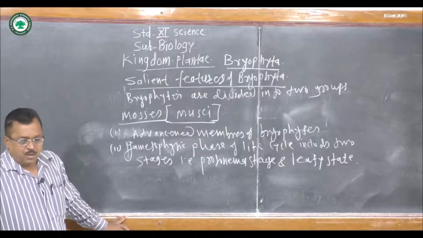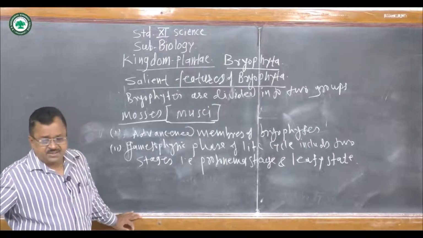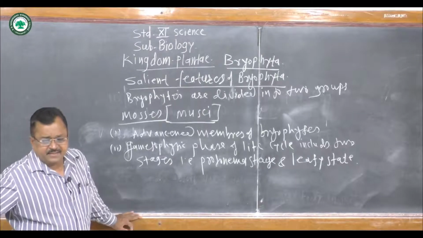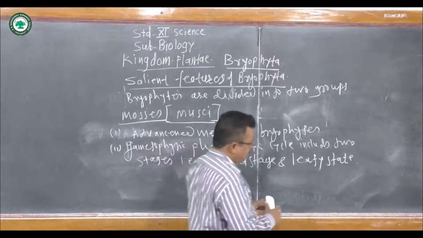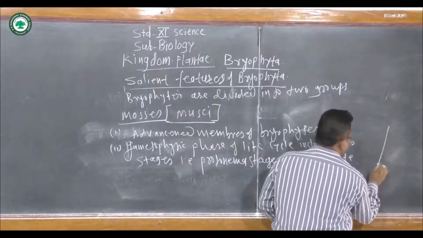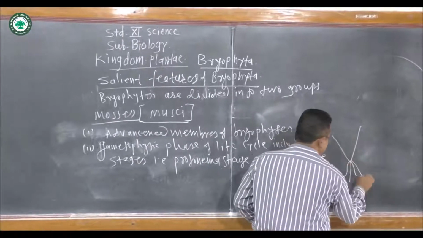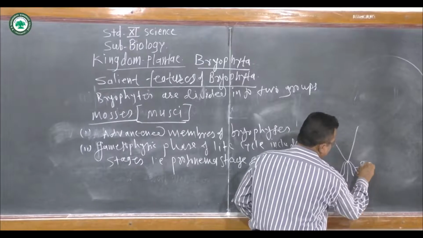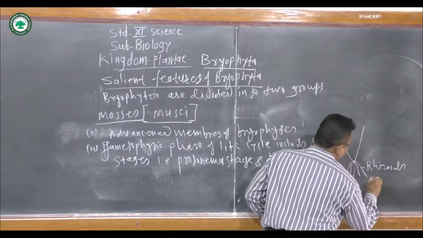The leafy stage is erect and cylindrical in mosses. The rhizoids are multicellular.